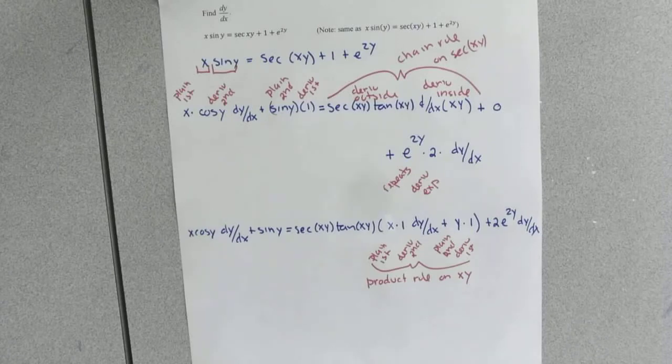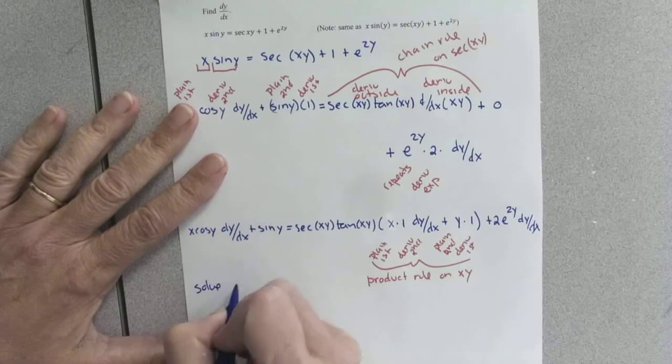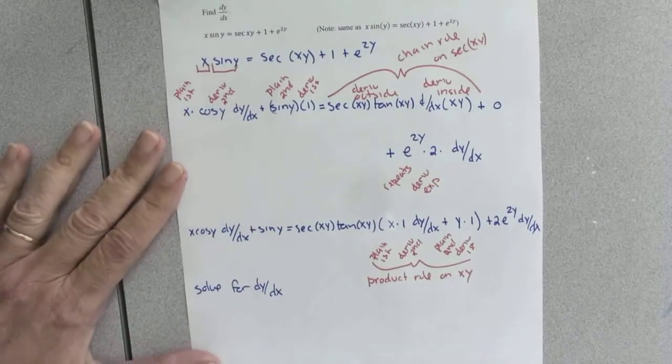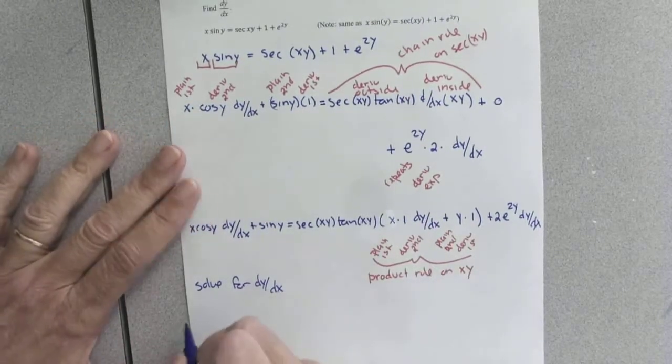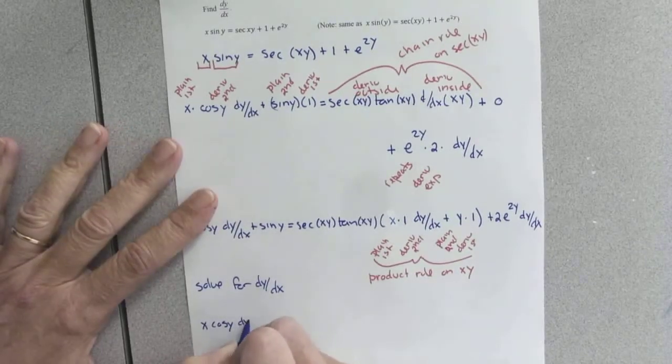I've done all the calculus I need to do, so now we're just going to start to solve for dy dx. So I'm just going to clean it up a little bit, getting rid of those extra ones in there.